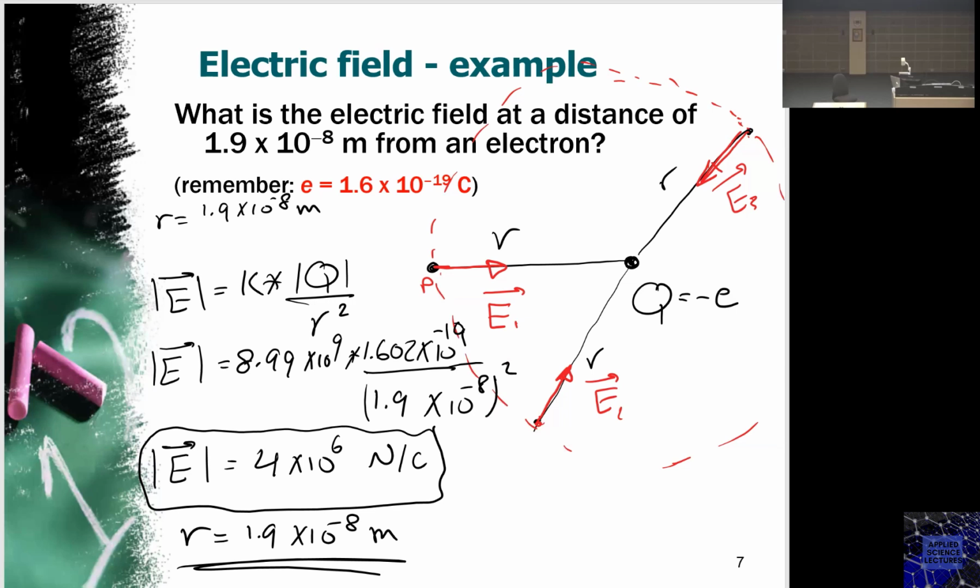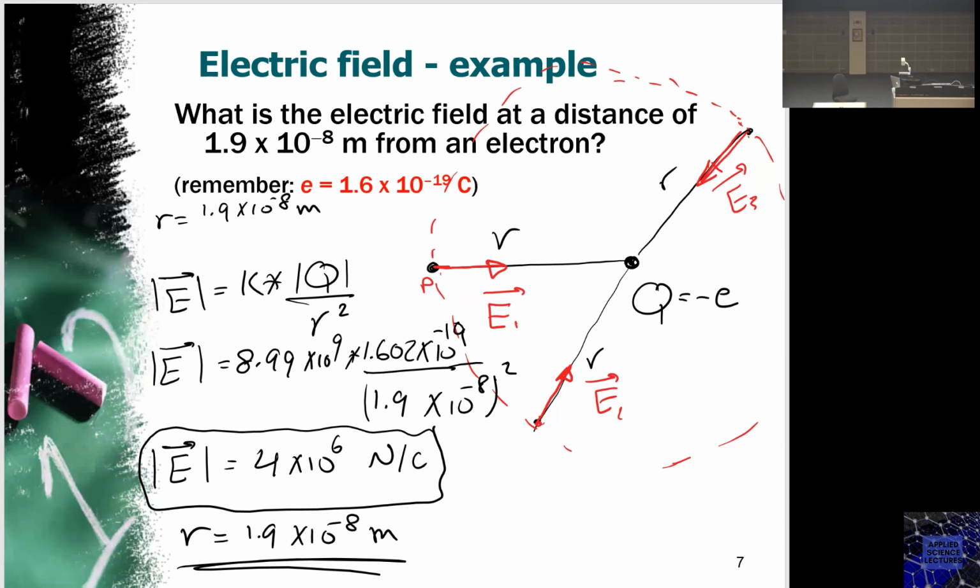Because I'm taking the magnitude. I'm calculating the magnitude of the electric field. So it doesn't matter negative or positive. The negative positive thing here will define to me how that electric field is going to point. But as a magnitude, the electric field here is the same. In other words, the magnitude of the electric field, if I have this one electron, is going to be 4 times 10 to the power 6 newtons per coulomb for one electron, because I took the magnitude.